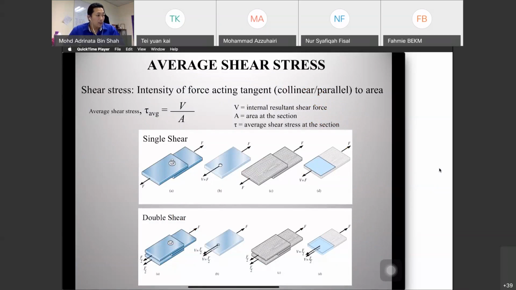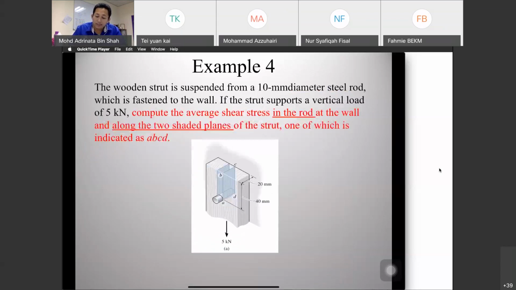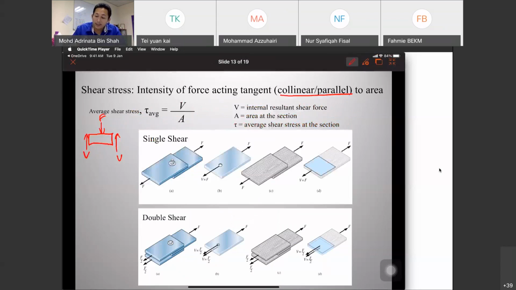Okay. So shear stress, intensity of force acting tangent, collinear, parallel. Macam saya sebut tadi, F, V. So the area is this one.